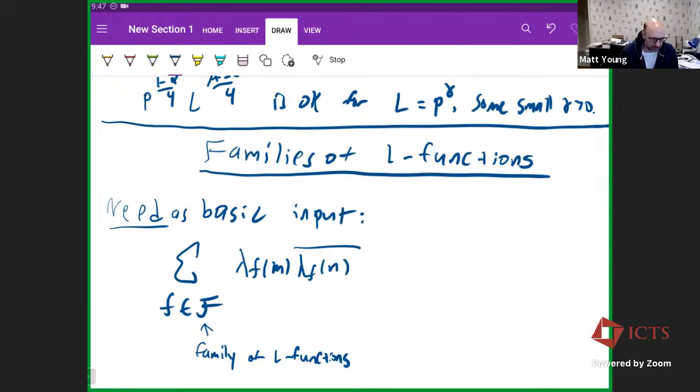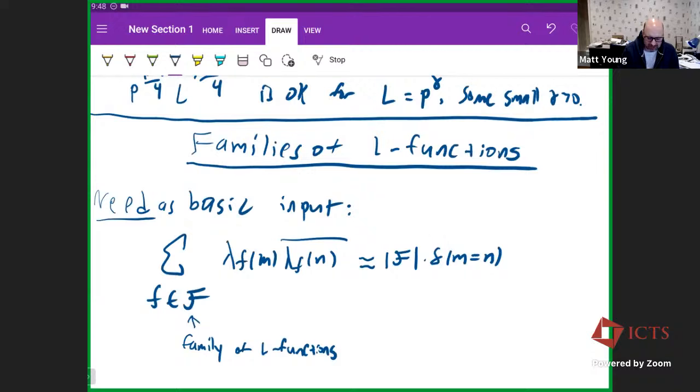So suppose we have some collection of these L functions, and let's say we have some coefficients, lambda f of n. We want to be able to average this over the family and do something with this. If we can't get our hands on this, then we can't do anything. And we should expect that this is approximately the size of the family times some sort of delta function that m equals n.